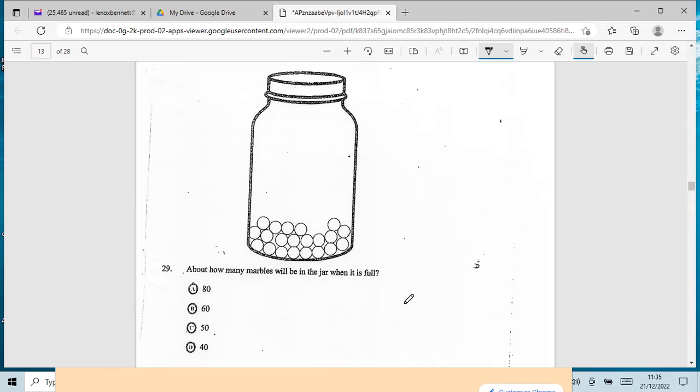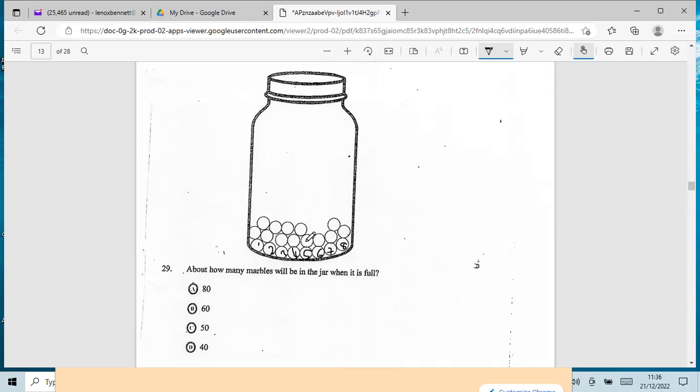Sure, I say 80, because this amount here is going to need more than 60, 50, and 40. Okay. All right. So let me see something. What I would do, I would see how many are all here, right? So 8 go across, right?